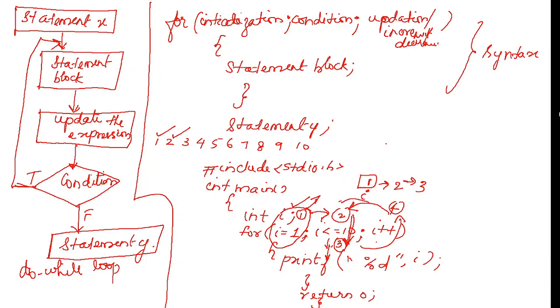So the loop is between stages 2, 3 and 4 until the condition is terminated. When i becomes 11, the condition is false, right? If the condition is false, it will come out of the loop and execute the sequential statement outside the loop, return 0, and the program will end. I hope that you have understood.